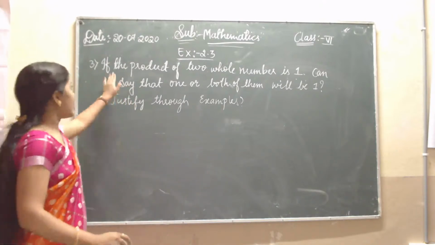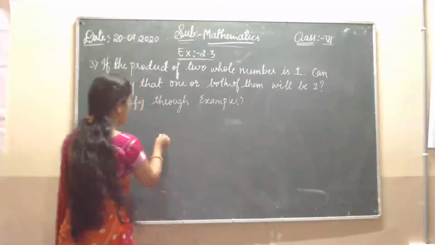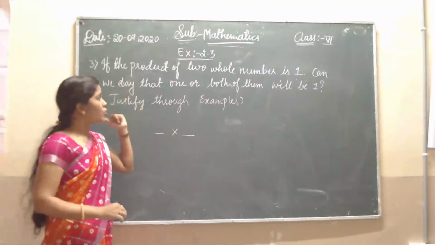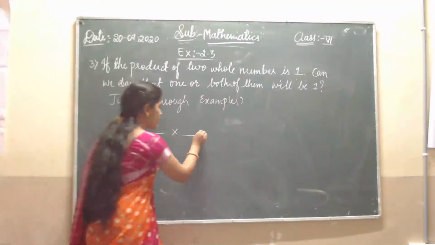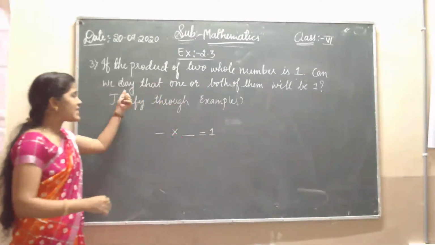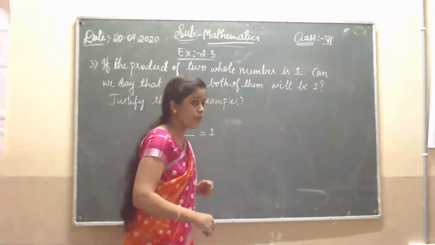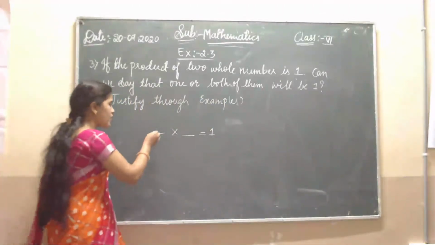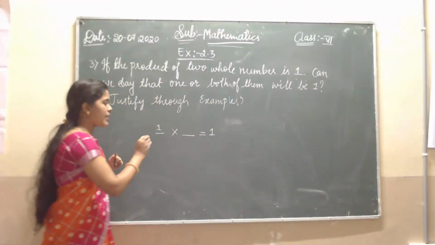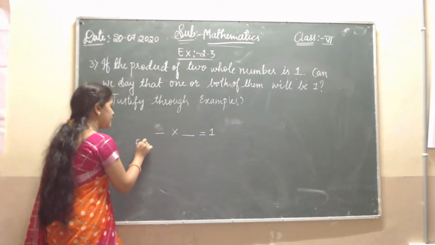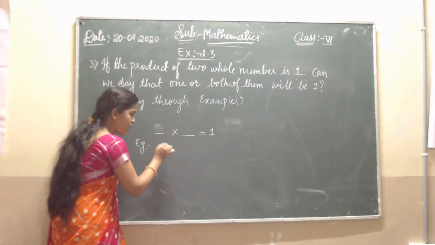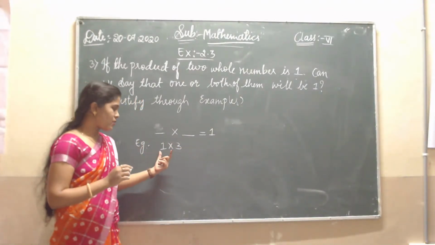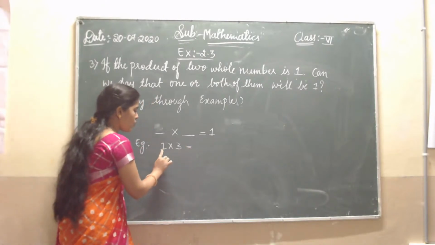What they said, if the product of two whole numbers, suppose these are two whole numbers, product means multiplication, is 1, can we say that one or both of them will be 1? See here, one is 1 and another number is 3.